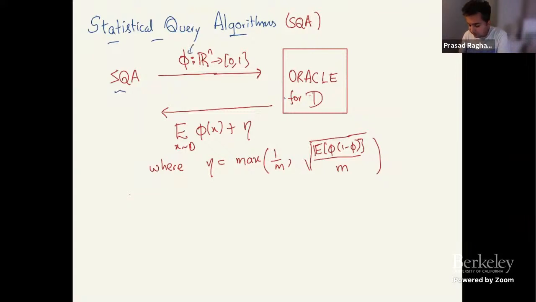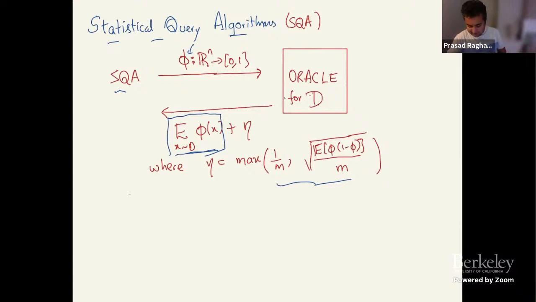The oracle takes m samples from the distribution D and returns the empirical average of the phi values on the samples. So what you get back is the expectation of phi plus some sampling error, which is just what you expect if you had m samples from a distribution.